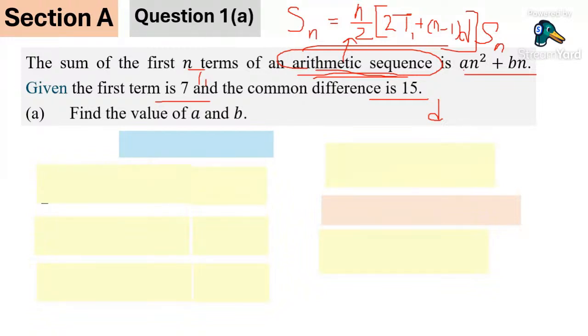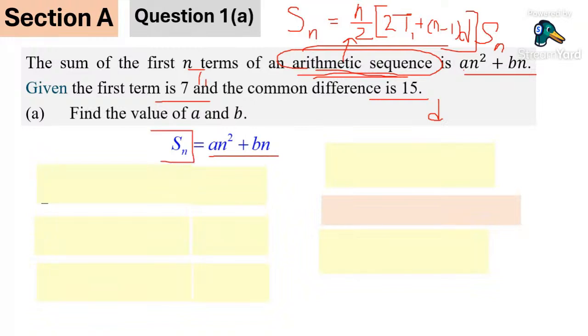So therefore, I need you to understand my calculation now is that, watch out, I start with Sn equals to an squared plus bn. This is the formula given in the question. On the right-hand side is the formula given by the question, an squared plus bn.